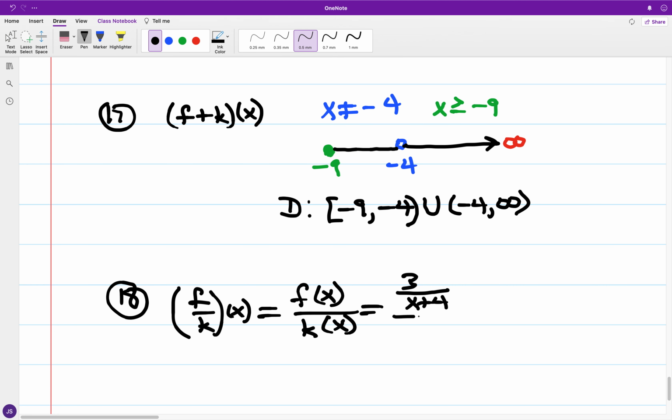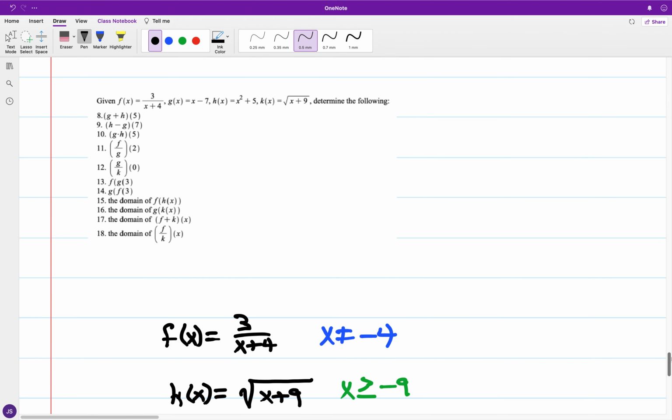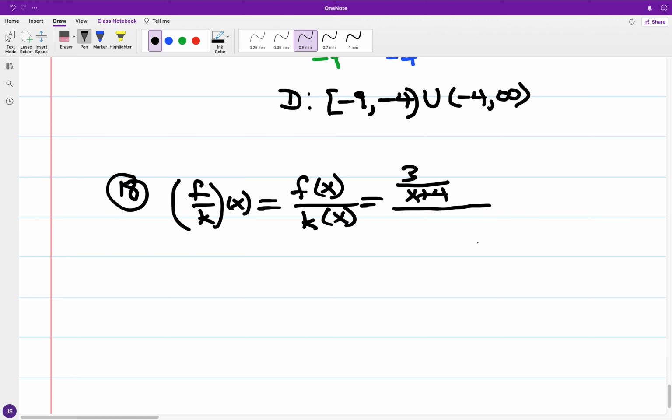And for k of x, again I had the square root of x plus 9. So what's going to happen here is that x cannot be negative 4. And for the square root of x plus 9, now x plus 9 cannot be negative, and now it cannot be 0.